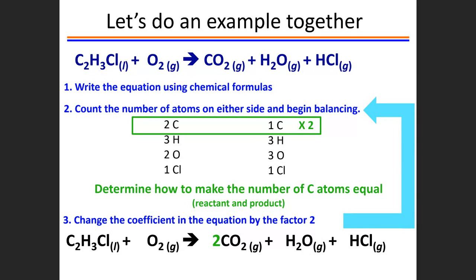If we add the 2 here, then we will find 2 carbon and 4 oxygen. But still we have 3 hydrogen. That means we will put here 2 hydrogen. Let's do that. If we put here the 2, then 2 carbon, 2 carbon, at the same time we have to make it all down.